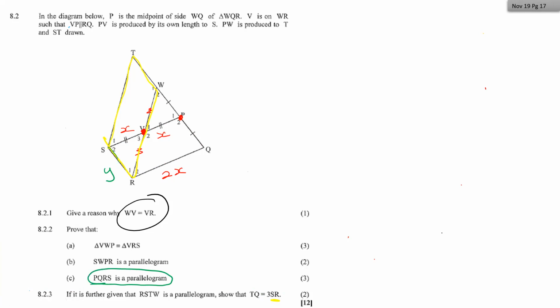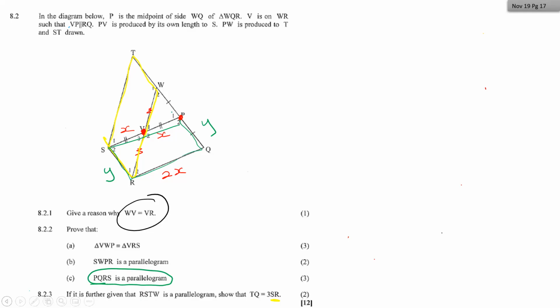So if PQRS is a parallelogram, that means opposite sides are equal, that'll become Y. But WP is equal to PQ. So WP will be Y.